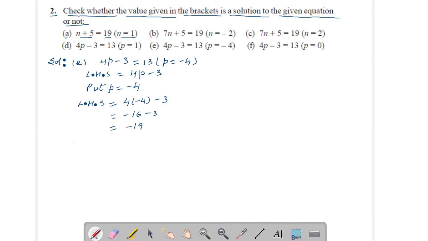And what is right hand side? Right hand side is 13. What we observe? That left hand side it is not equivalent to right hand side.